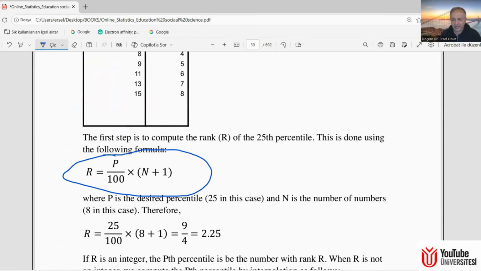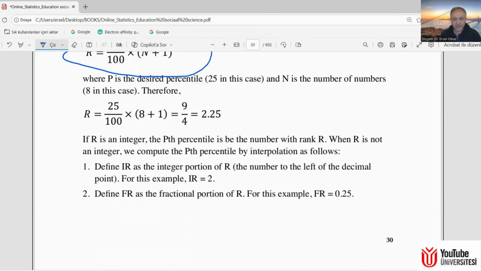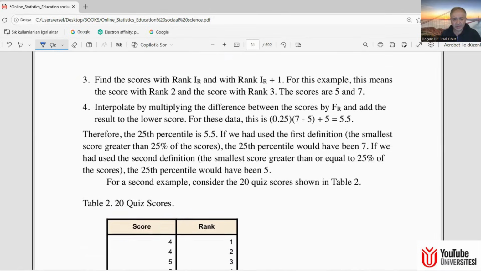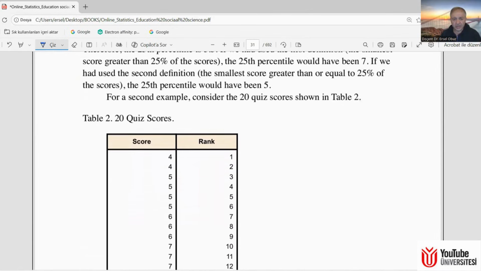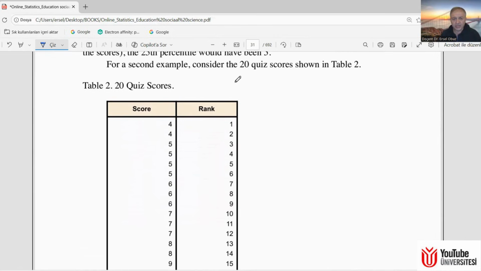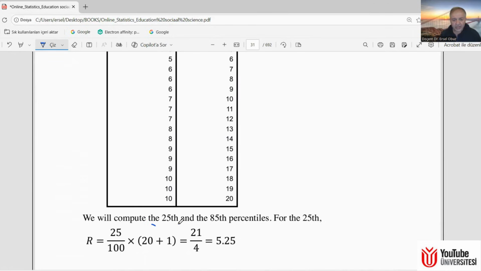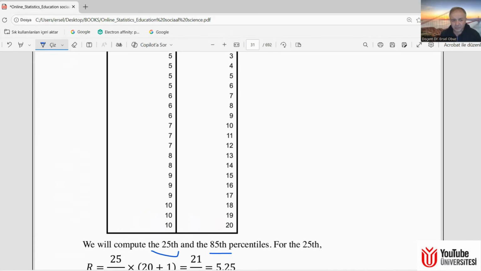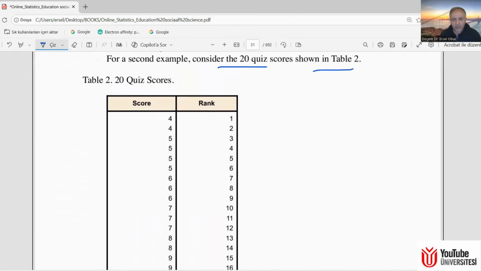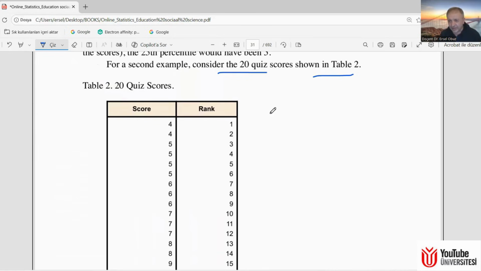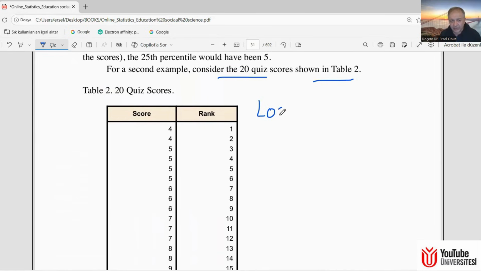Let's see whether they have a question here. How many quiz scores are there? 20 quiz scores. Let's calculate the 25th and 85th percentile. For the 25th percentile, let's find the location.